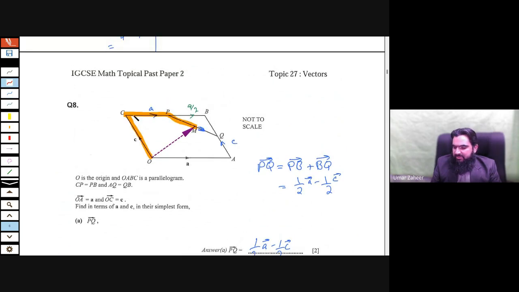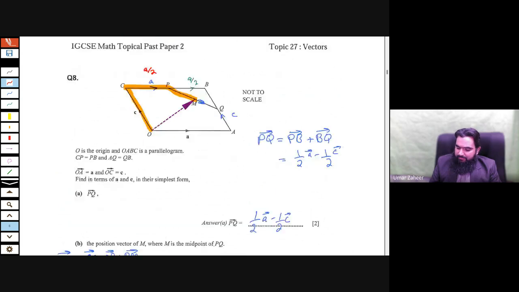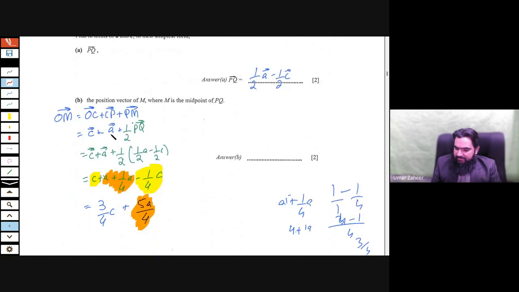He says that C to P is basically half of A. It will be A divided by 2.